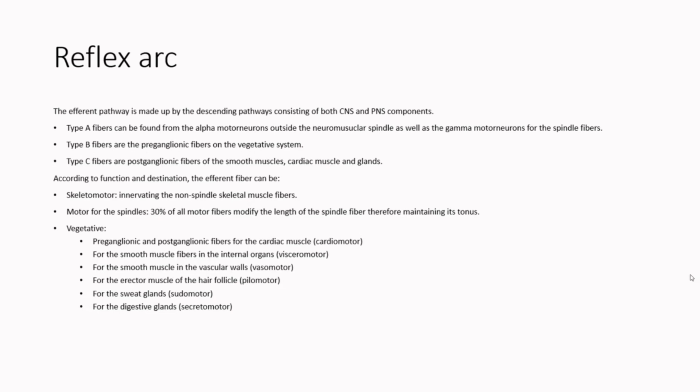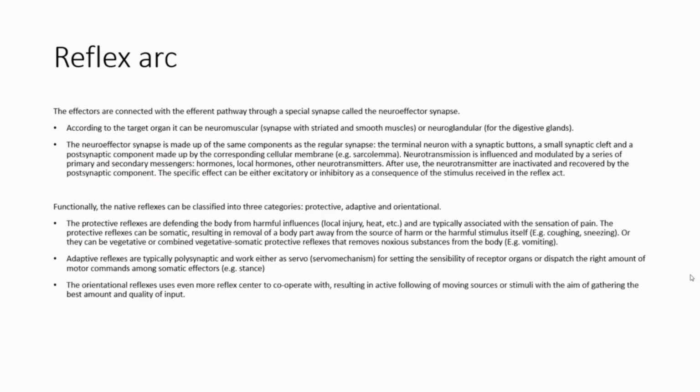Then we have the vegetative, which are preganglionic and postganglionic fibers for the cardiac muscles. We call them cardiomotor. Then we have the visceromotor, which is for the smooth muscle fibers in the internal organs. Then you have the vasomotor, which is for the smooth muscles in the vascular walls. Then you have the pilomotor for the erector muscles of the hair follicle, pseudomotor for the sweat glands, and for the digestive glands we have the secretomotor.